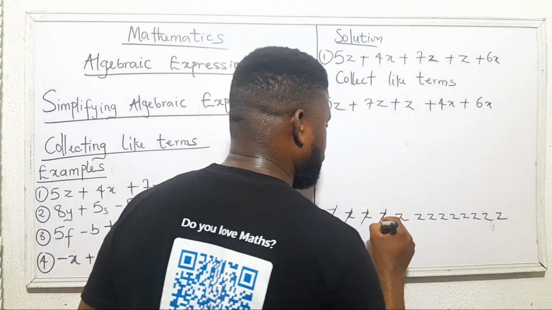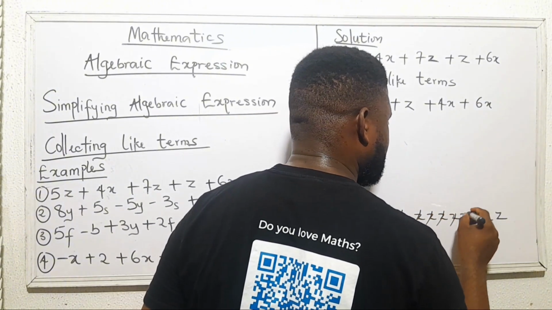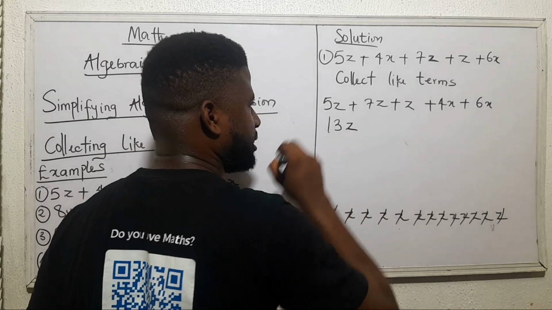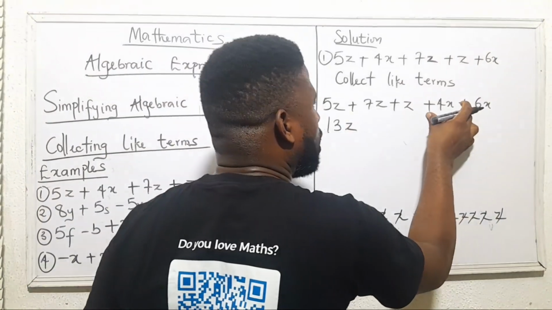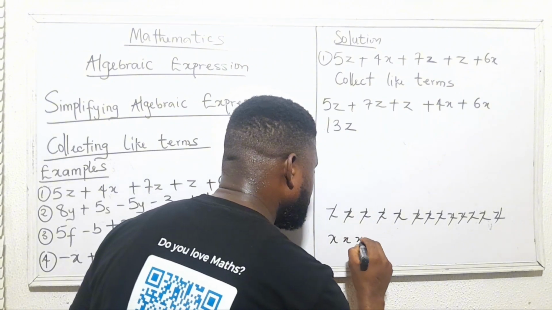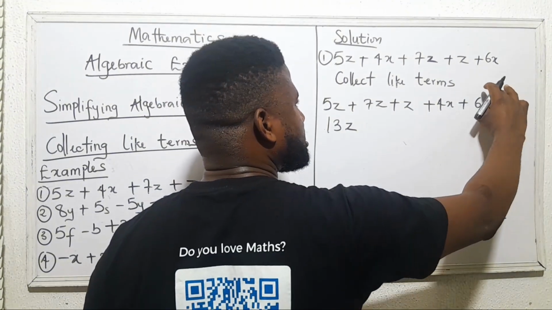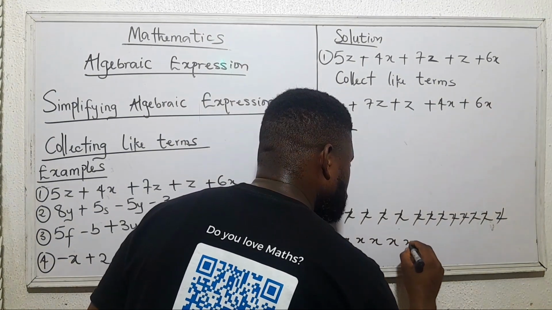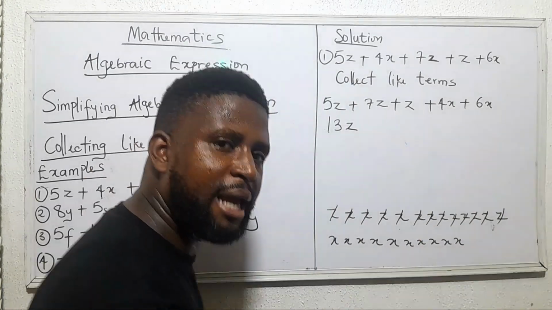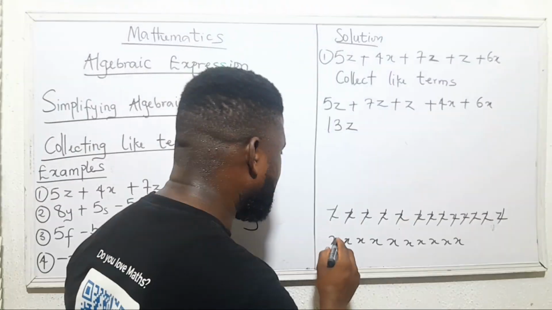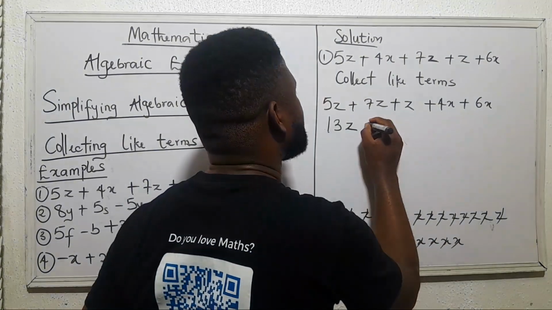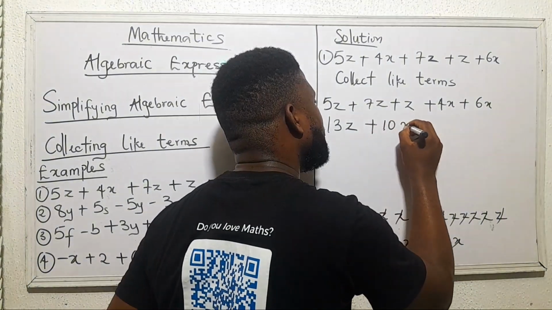That gives me 13 z's, right? Then plus 4x, which means I have 1, 2, 3, 4. Plus 6x, 1, 2, 3, 4, 5, 6. So how many x do I have in total? That's 10, and that gives me plus 10x.